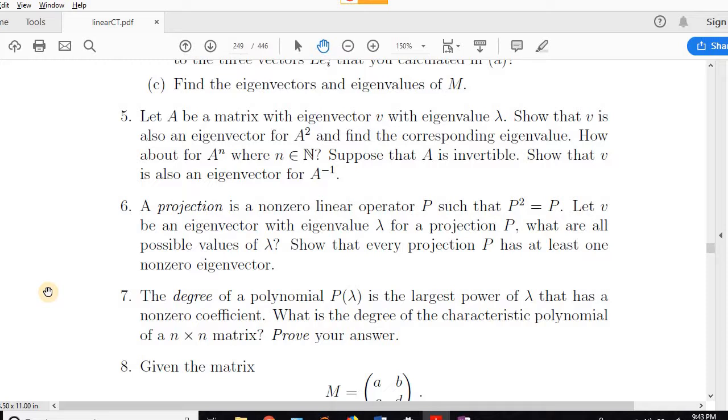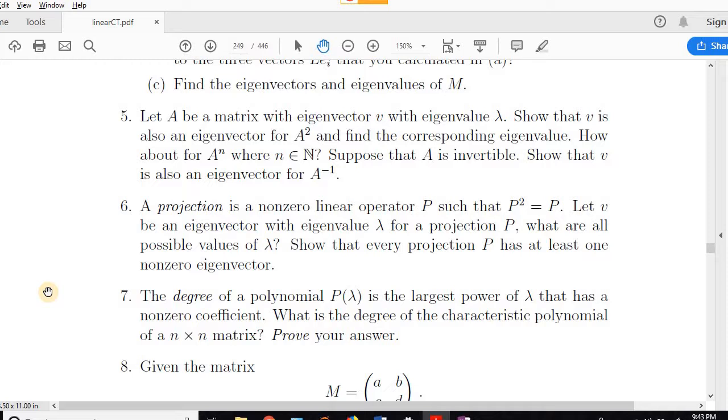Even if you can't think of one, you can still go on. Let V be an eigenvector with eigenvalue lambda for projection P. What are all the possible values of lambda? You can still answer that even if you can't think of a P.